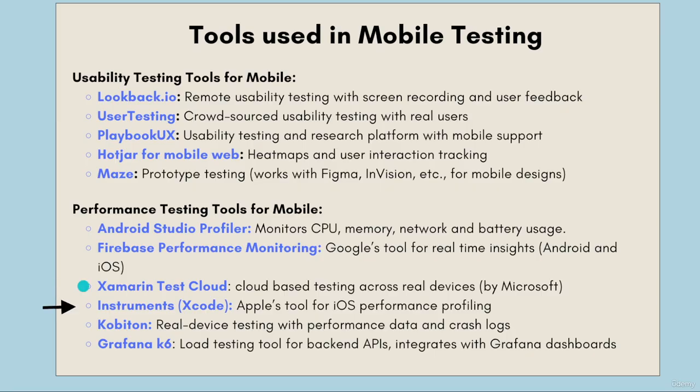We have Instruments, which is Xcode, Apple's tool for iOS performance profiling. Kobiton, real device testing with performance data and crash logs. And Grafana k6, formerly known as just k6, which is a load testing tool for backend APIs. It integrates with Grafana dashboards.